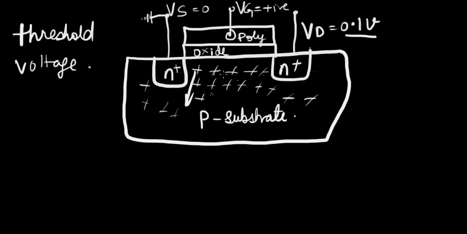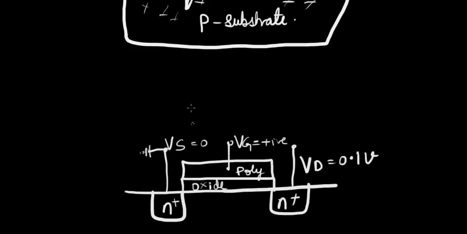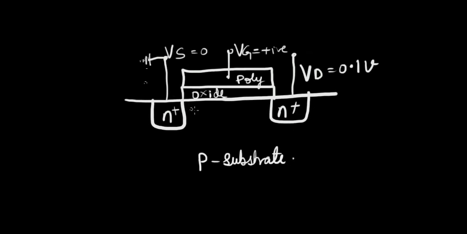If holes are repelled from that area, what are you left behind with? Negatively charged ions, because they're now depleted of holes. Because they're depleted of holes, this area is now called the depletion region. Alright? And the number of negative ions here are balanced to mirror the positive voltage applied by VG.